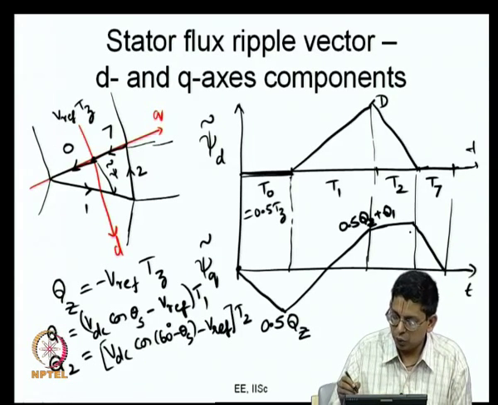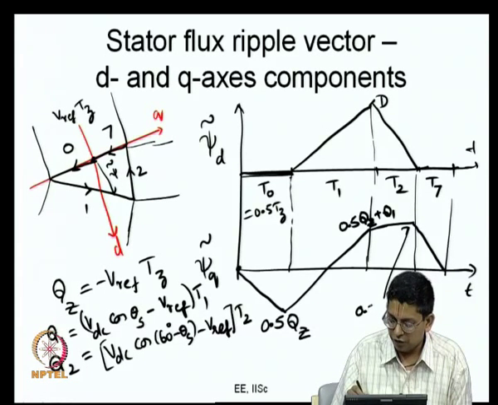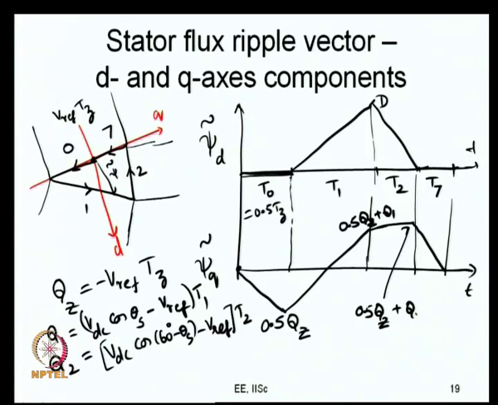So the value you have here at this instant is 0.5 q z plus q 1 plus q 2. I am just trying to fill in numbers for this, and finally it becomes 0.